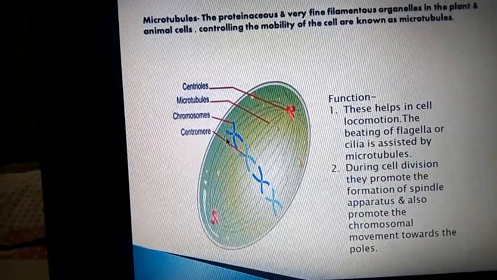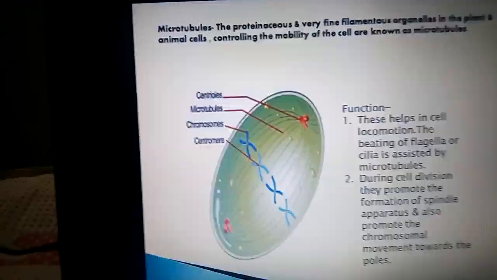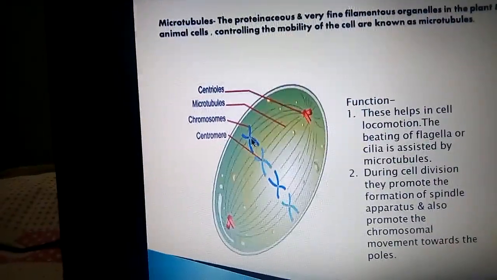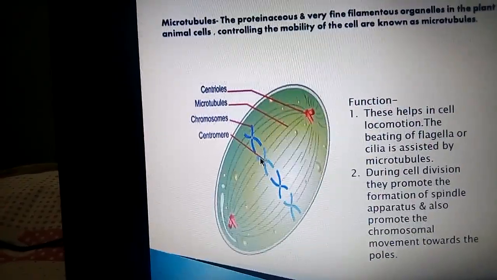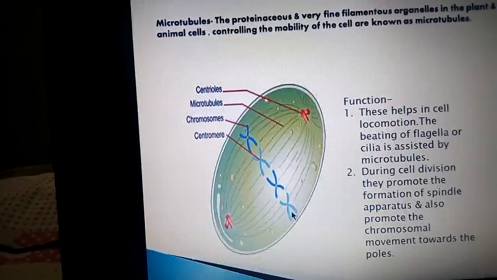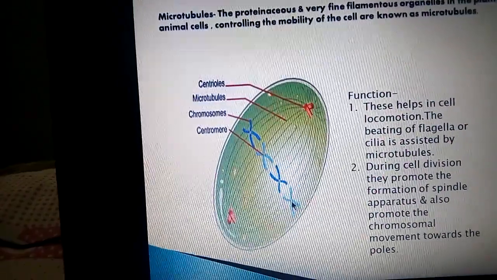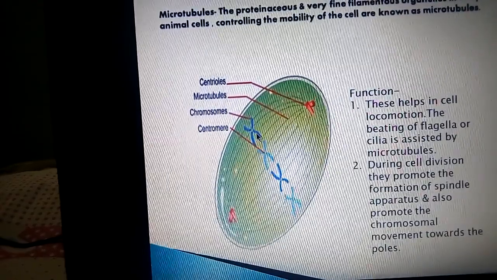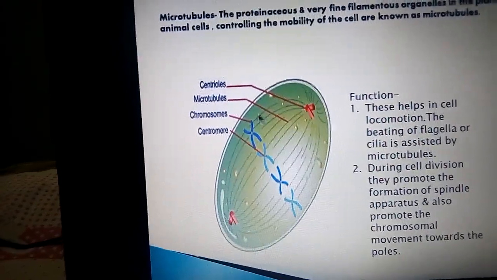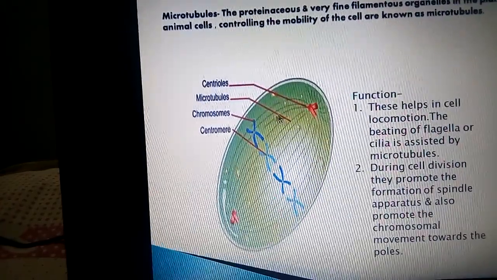So what will happen? In the case of animal cell, during the metaphase stage, these all are chromosomes. These chromosomes are present at the equatorial region of the cell with the help of these microtubules that are generated from the centrioles.